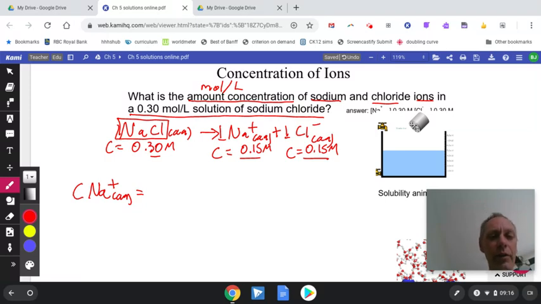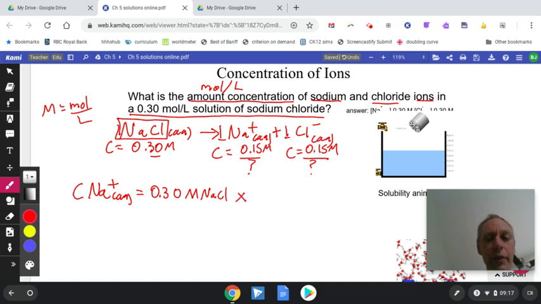So we are looking for the concentration of Na plus, and we have concentration of NaCl. So start with what we have. Let's just put a question mark there because we don't know those. We have 0.30 moles per liter. Capital M, remember, is the same as moles per liter. So 0.30 moles per liter of NaCl.